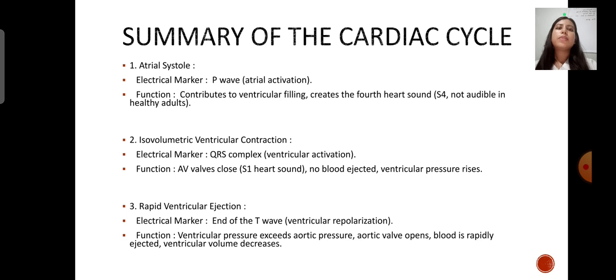Then third, the rapid ventricular ejection, where the end of the T wave, ventricular repolarization, happens, and the function is that ventricular pressure exceeds aortic pressure. The aortic valve opens and blood is rapidly ejected and ventricular volume decreases.